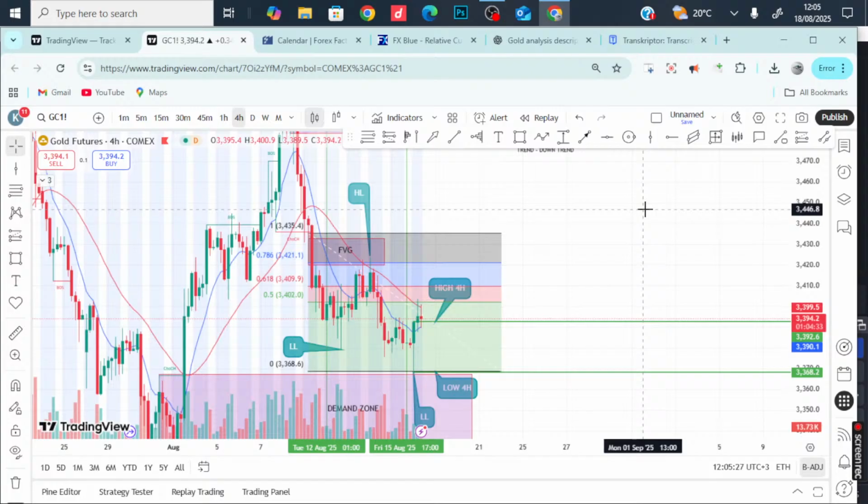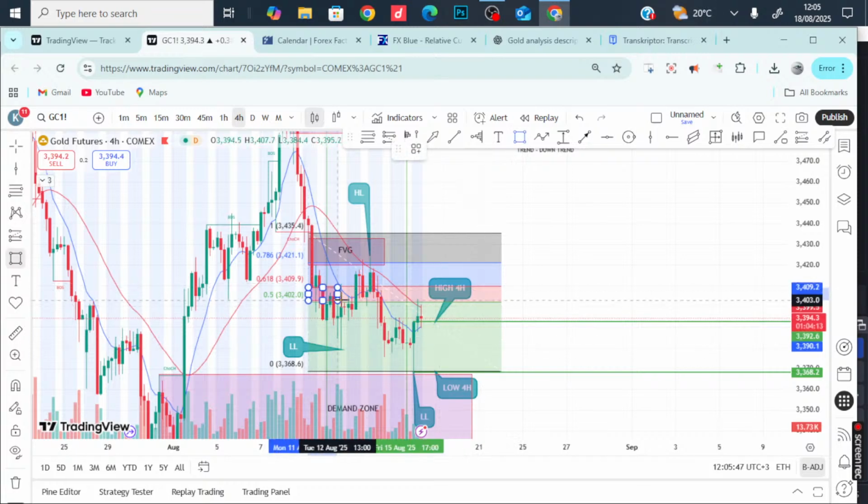The first thing that we need to understand now is that the market has already mitigated one of the zones.